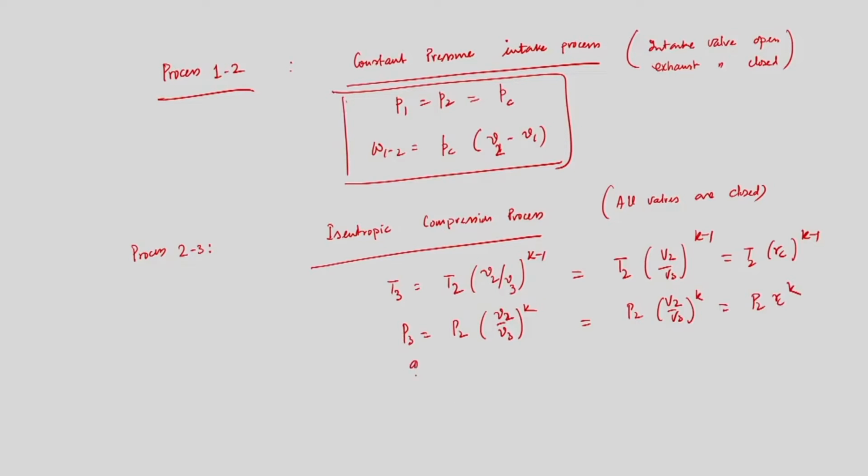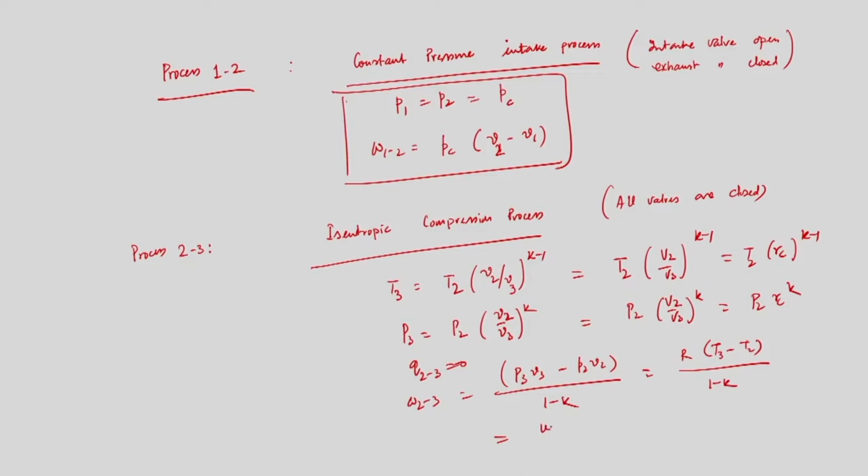Isentropic process, so Q2-3 is equal to 0, no heat interaction, but W2-3 is there. W2-3 is P3 V3 minus P2 V2 divided by 1 minus k, that is equal to R into T3 minus T2 divided by 1 minus k.